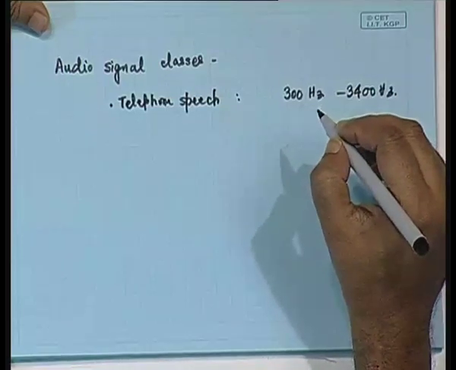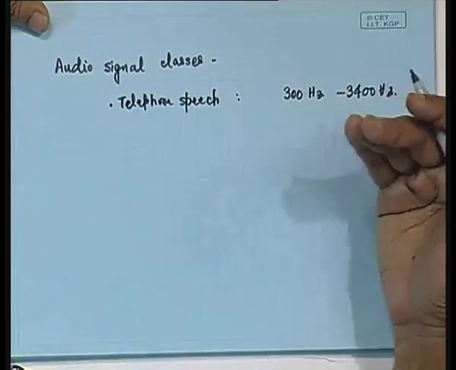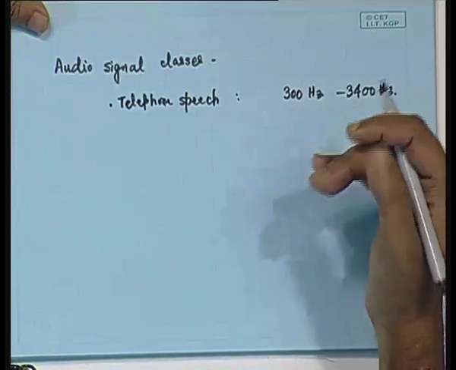The intelligibility and the naturalness of the speech is somewhat poor at 3400 hertz, but tolerable, because for telephonic speech transmission we are not that worried about the quality of the audio, in the sense of distortions or the naturalness of the voice, as long as the intelligibility is enough.